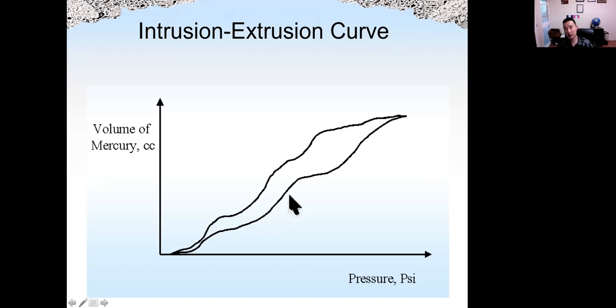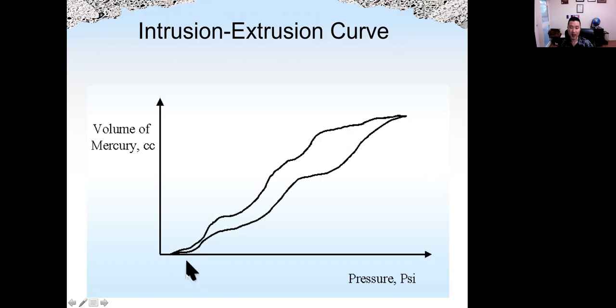As we increase pressure, we push more mercury into the pores. At lower pressure, the mercury penetrates into larger pores. When we increase the pressure, the mercury is pushed into smaller pores. Then we slowly decrease pressure, and that is the extrusion curve.